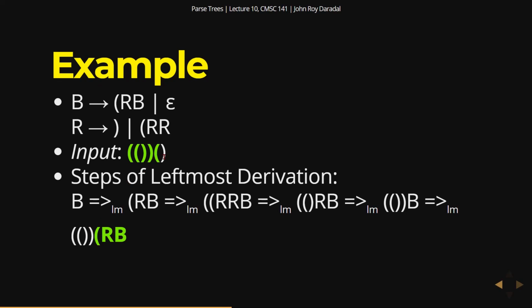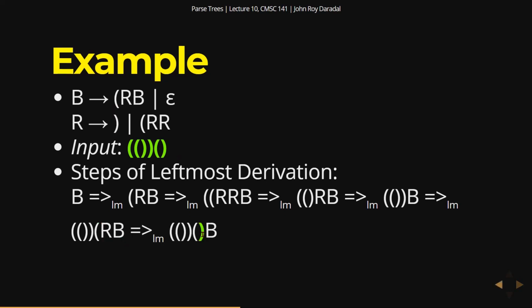And then close on R, we'll have to use the close. And then lastly, B on end of string, so we'll have to use epsilon. So now we have derived the string that we wanted. And there is no ambiguity because we looked ahead by one symbol to decide which production to use.